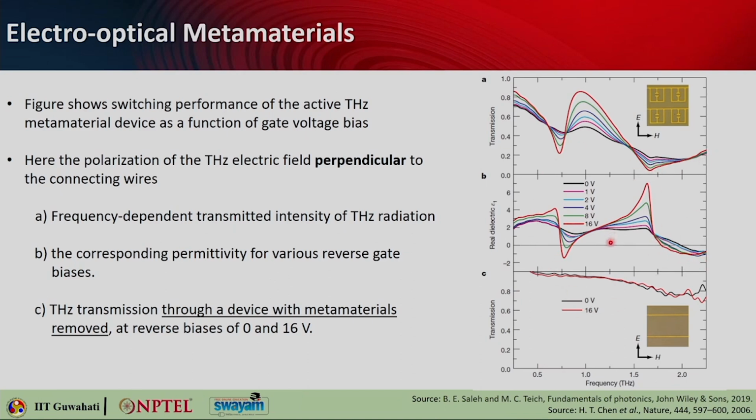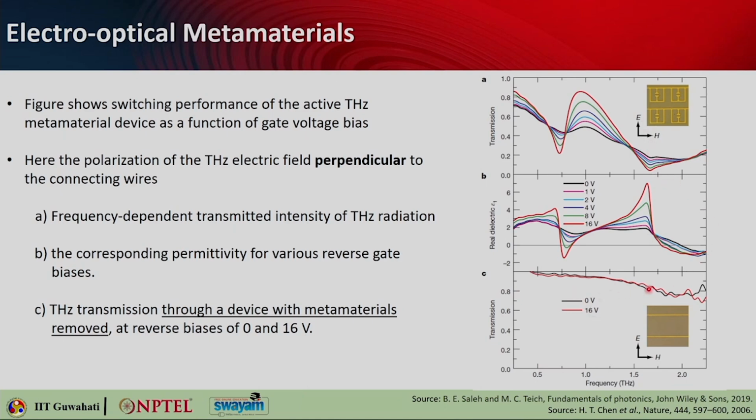This is just a correlation, but the main point that I want to highlight here is that you are able to tune the transmission characteristics, because you are able to tune the effective dielectric permittivity of this metamaterial structure.